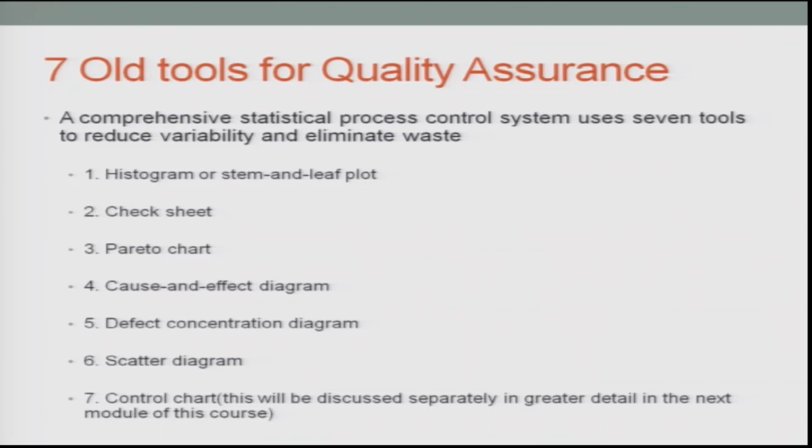Then you have the cause and effect diagram, trying to analyze the actual result based on the effects which have happened earlier. You also consider the defect concentration diagrams and how they can be reduced. You consider the scatter diagram and control charts. This will be discussed separately in greater detail later on. So, I will come to the control charts of X bar charts, R charts, P charts and all those things.